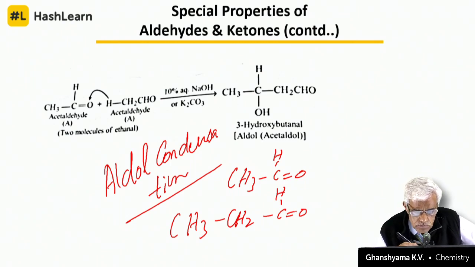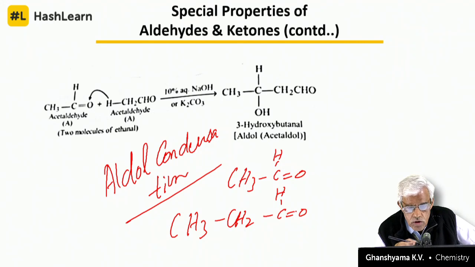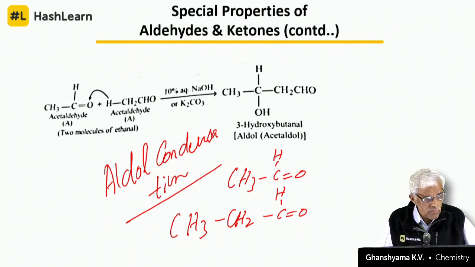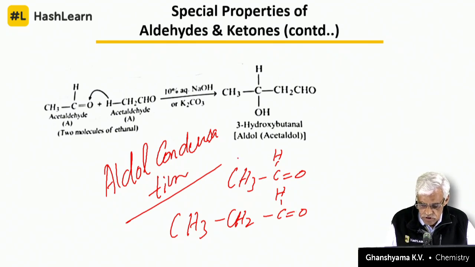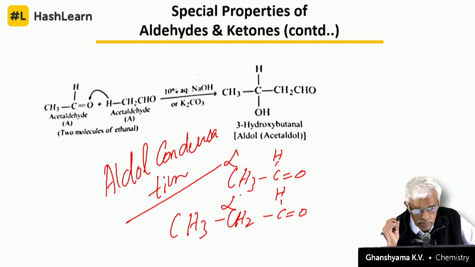In the old system or the common system, the carbon atom next to the functional group is called alpha carbon atom. So, this is alpha carbon atom, this is alpha carbon atom.